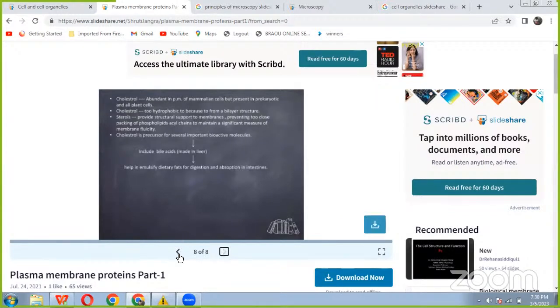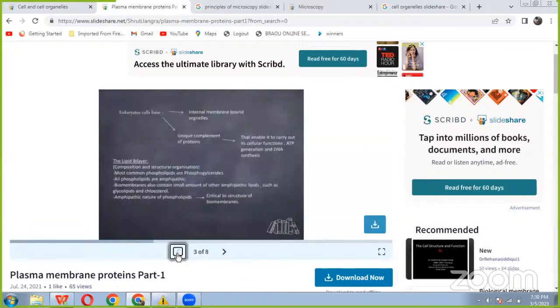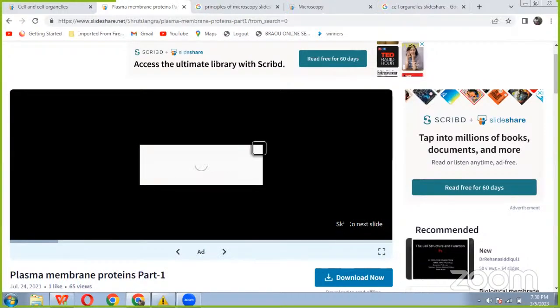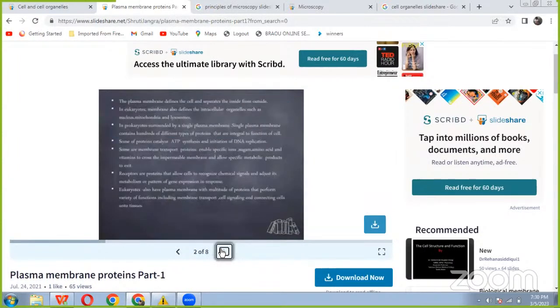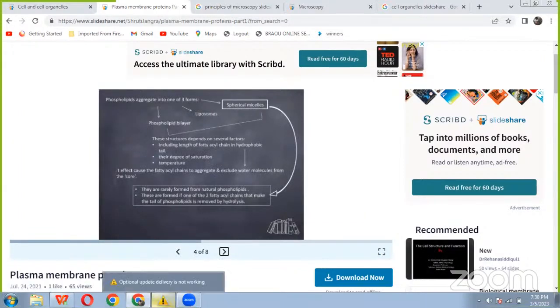These are the membrane lipids. Next are the membrane proteins. There are three types of membrane protein. Mainly these are the lipids, phospholipid bilayers, liposomes, and spherical micelles.